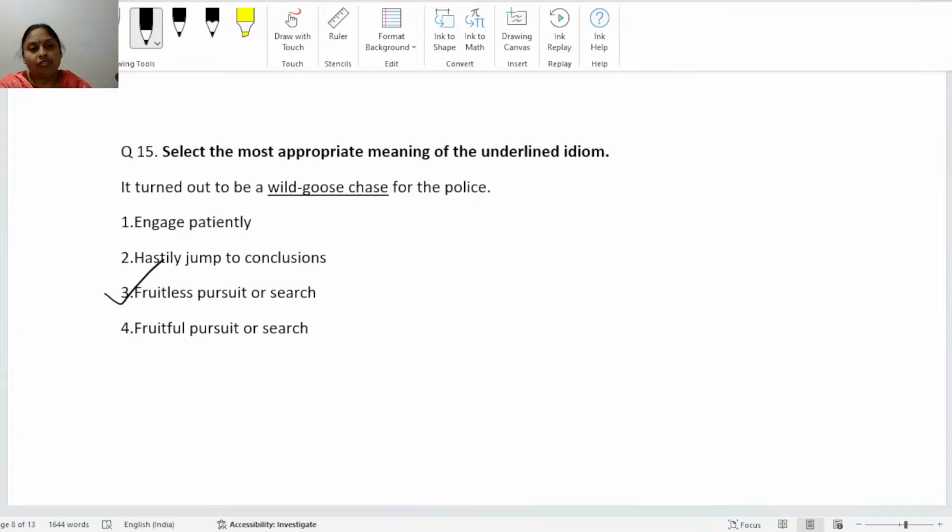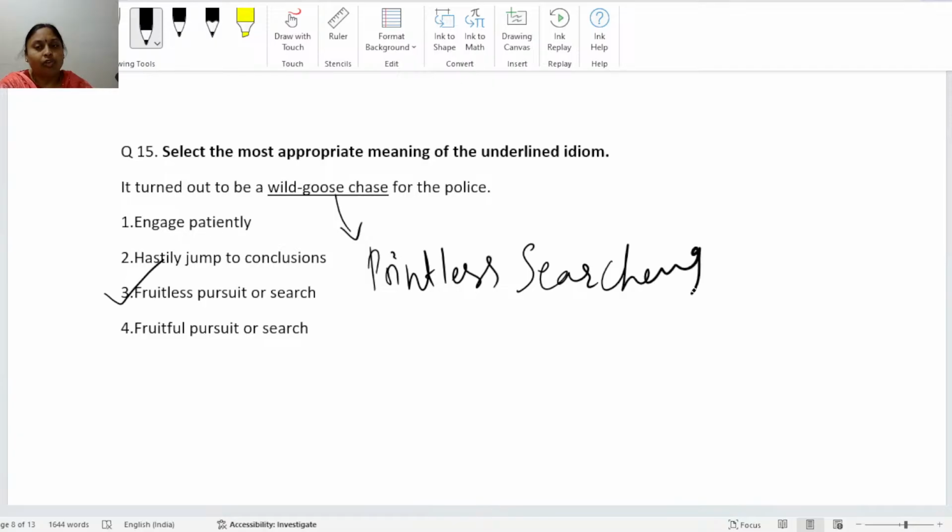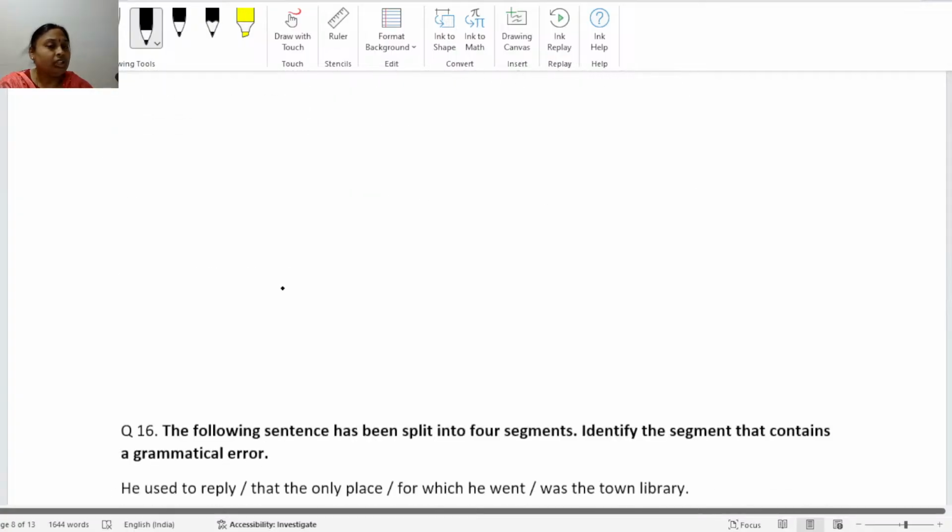What is the meaning of wild goose chase? It means a pointless search. Without reason they are searching for something. Then that will be known as a wild goose chase. Fruitless pursuit or search means they are not going to get any result, but still they are trying. So that will be the meaning here. So that's why the 15th option will be 3.